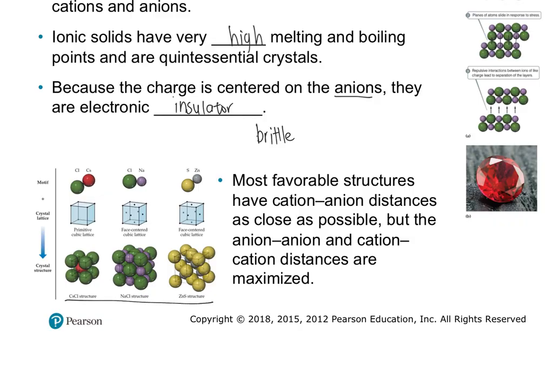The best structures are going to have the cation-anion distance as close as possible, but the anion-anion and cation-cation distances as far apart as possible. So our repelling is minimized, and we're maximizing our attraction.